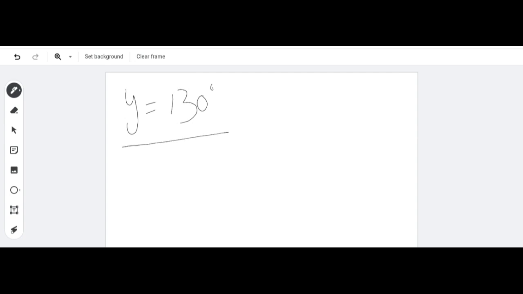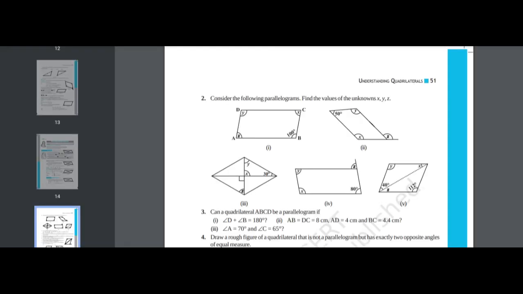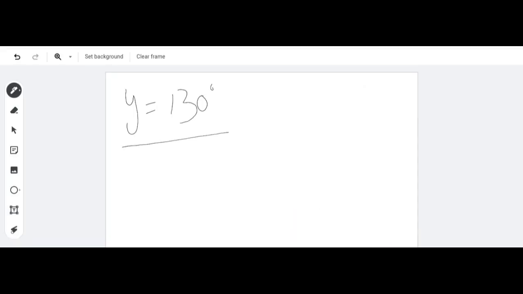Looking at the picture, y is opposite of x. So it means that if y is equal to 130, then x is also equal to 130. As I told you about that x, what will be the value of z here?